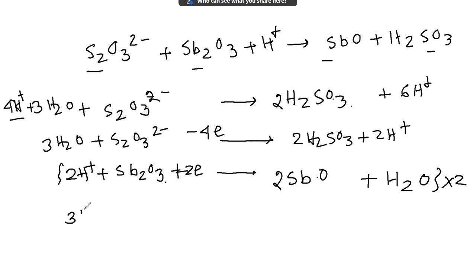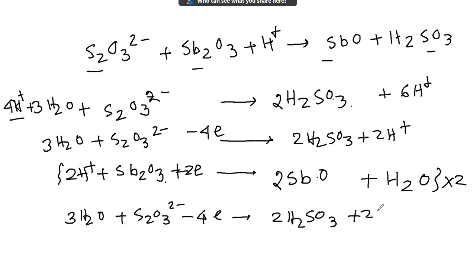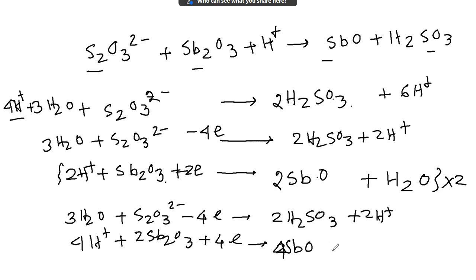What we are getting? 3H2O, H2O3 2 minus minus 4 electrons gives you 2H2SO3 plus 2H plus. In this case, multiply by 4 gives you 4H plus 2 Sb2O3 plus 4 electrons gives you 2 into 2, 4 SbO plus 2H2O.